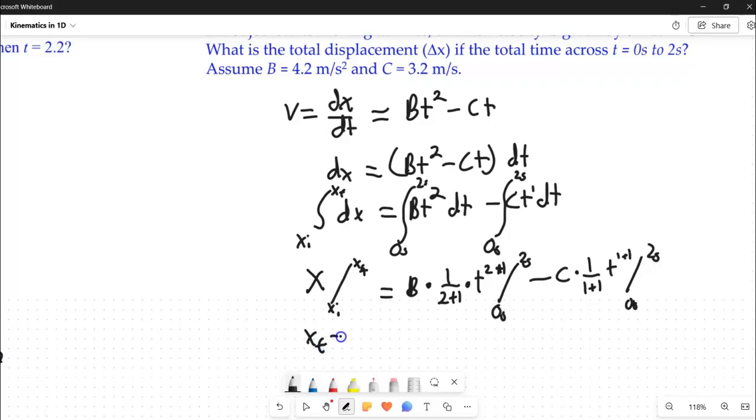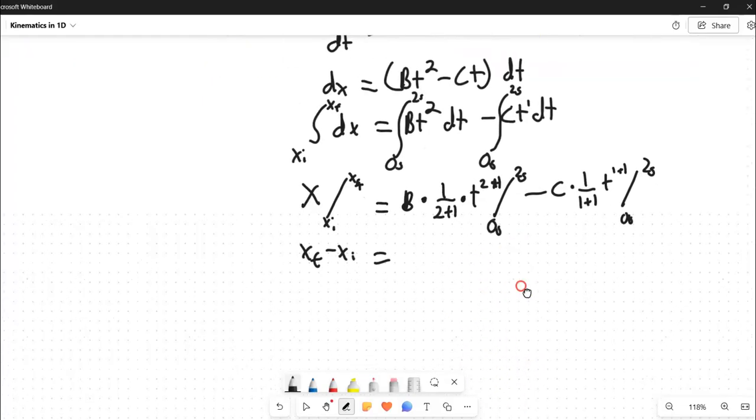So this is x final minus x initial. We subbed those in. This is going to be 1/3 b t to the third, just cleaning this up.